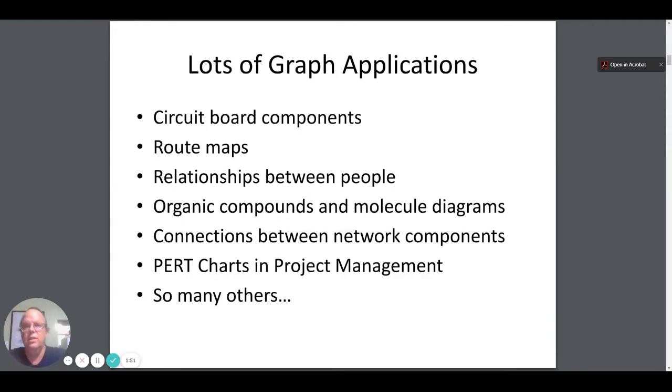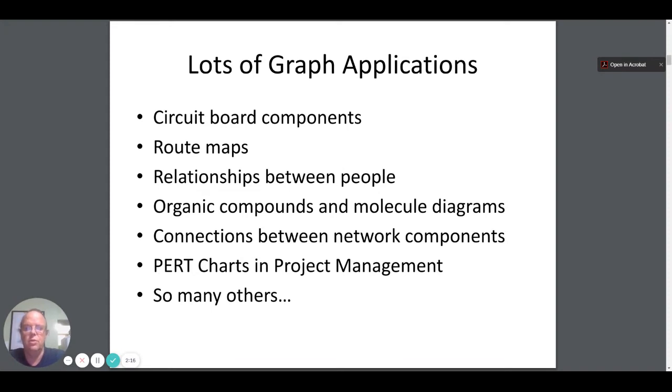So this is an application of graphs, and there are a lot of different applications of graphs that you find in computer science and mathematics. One is finding optimal layout for circuit board components. Another is route maps for trains and planes. Relationships between people, seeing where there are connections between them.